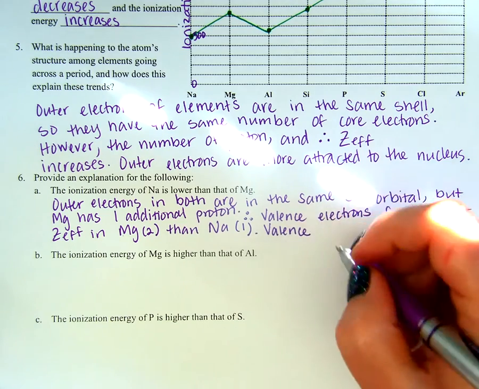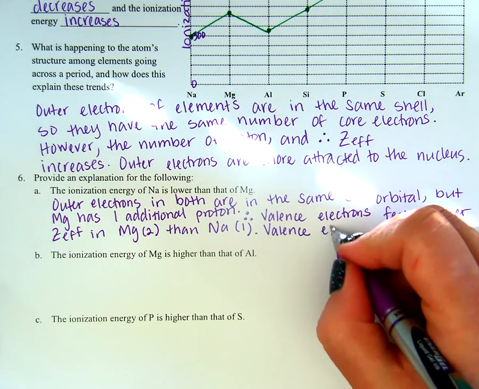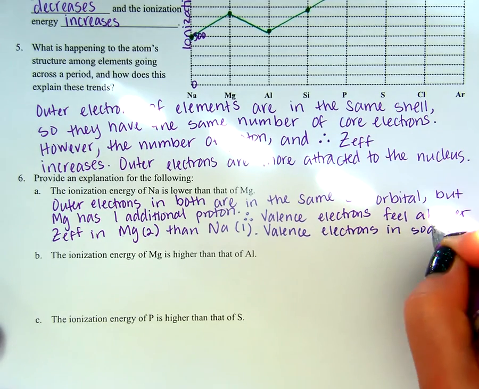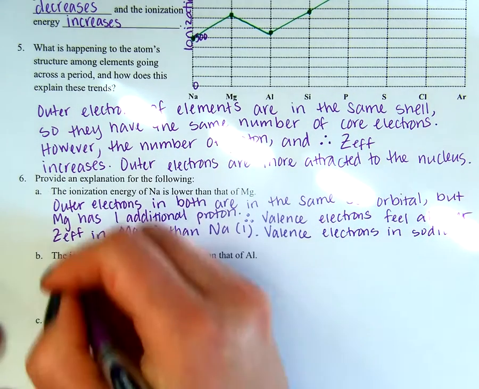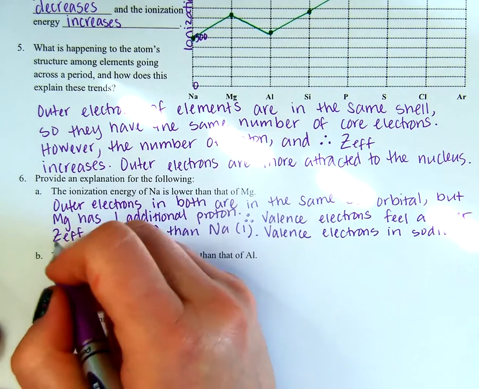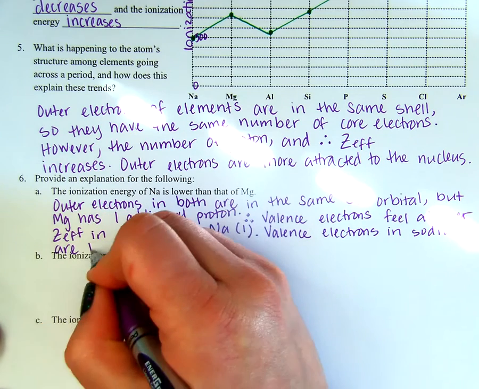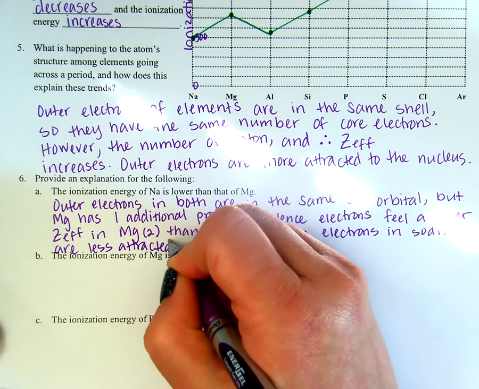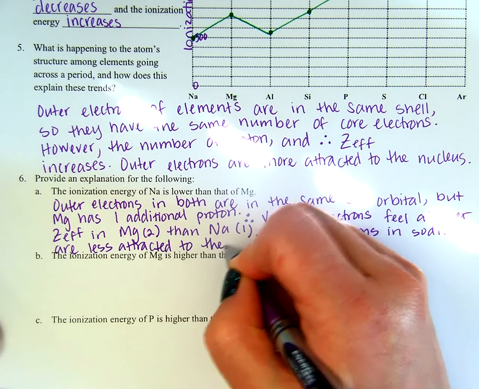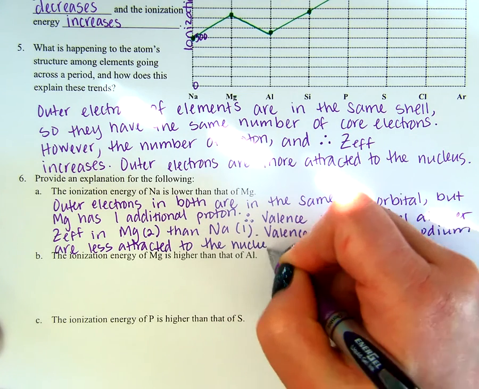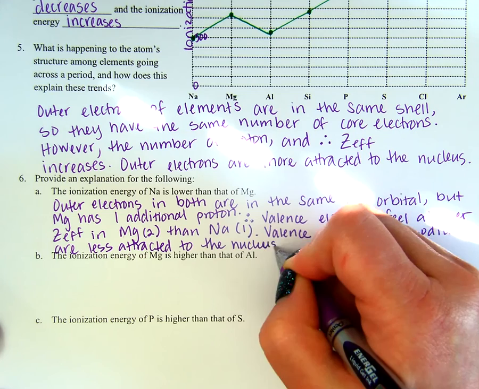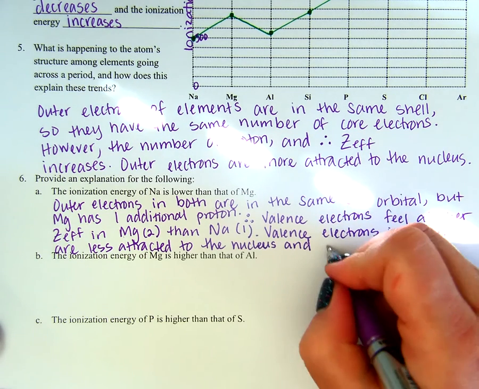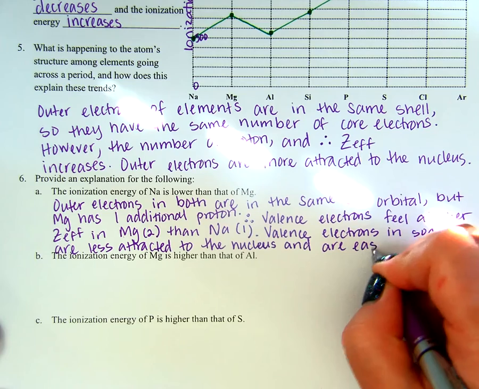So the valence electrons in sodium are less attracted to the nucleus and are easier to remove.